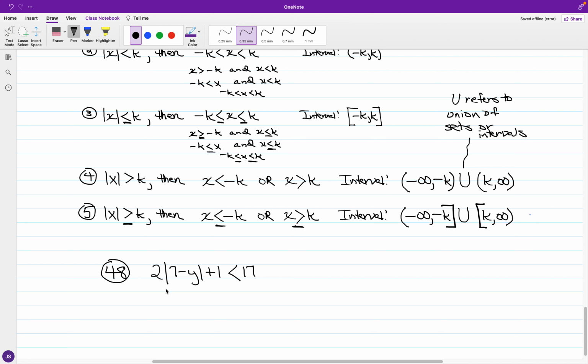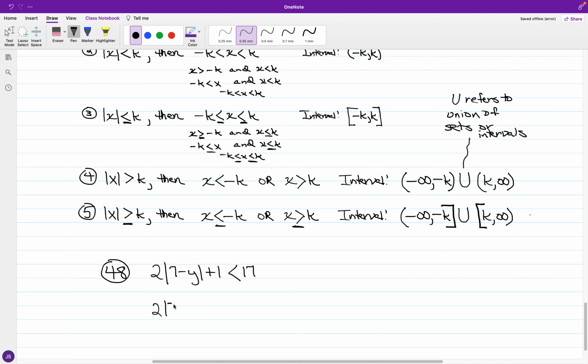Just like in the case of equations, you don't treat the absolute value grouping symbols as you would parentheses. So you're not going to distribute 2 over 7 minus y and say 14 minus 2y plus 1 is less than 17. Instead you're going to isolate the absolute value of 7 minus y.